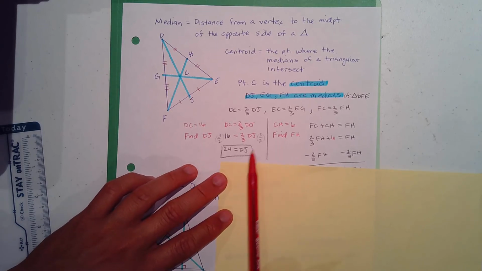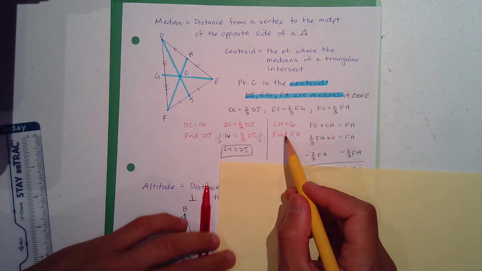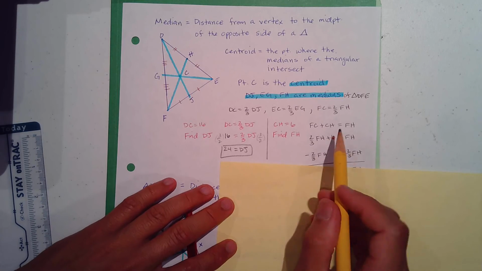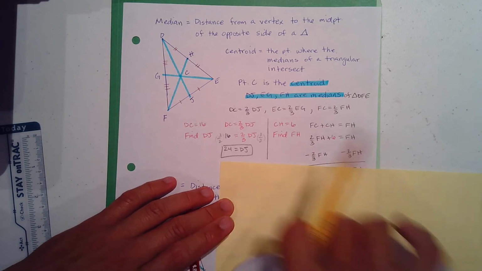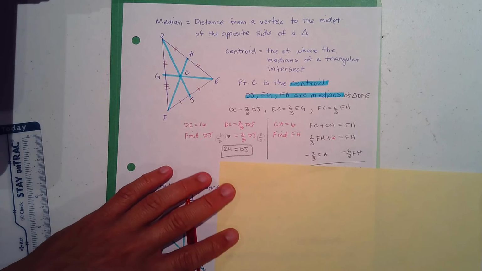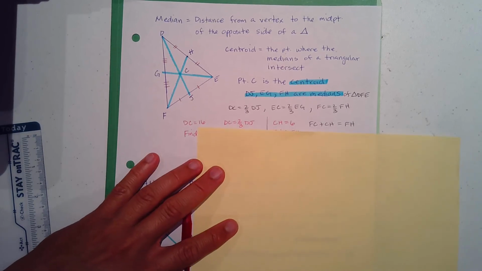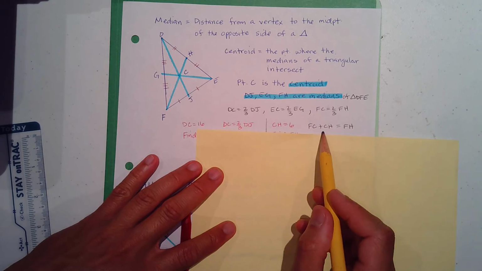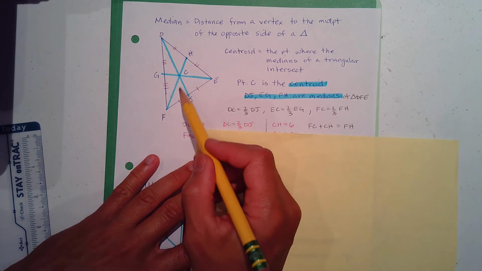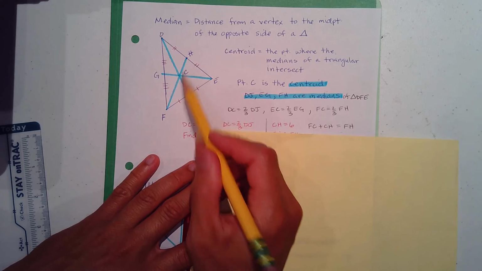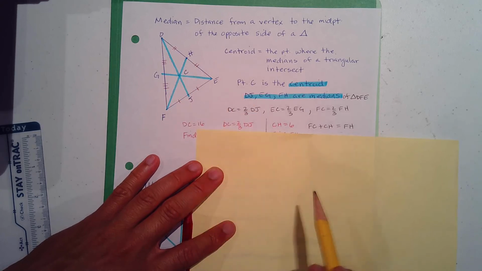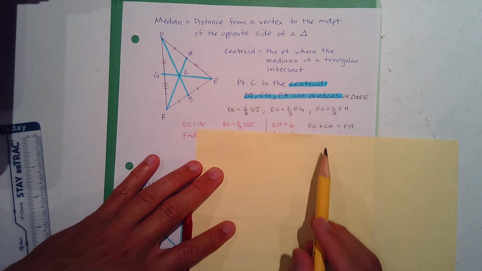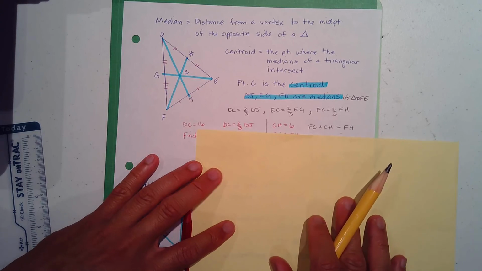Now to find FH, given CH is equal to 6. We're going to recall what we learned earlier in this semester: segment addition. So FC plus CH equals FH. Let's substitute the information that we have.